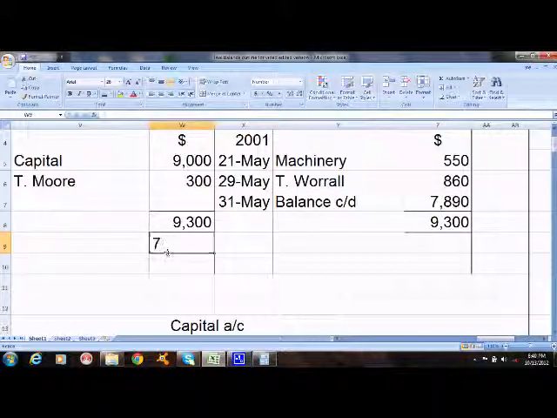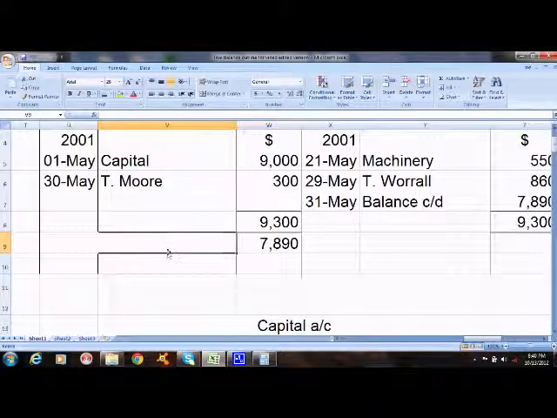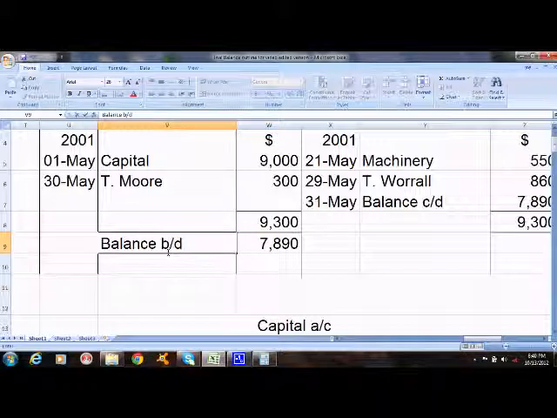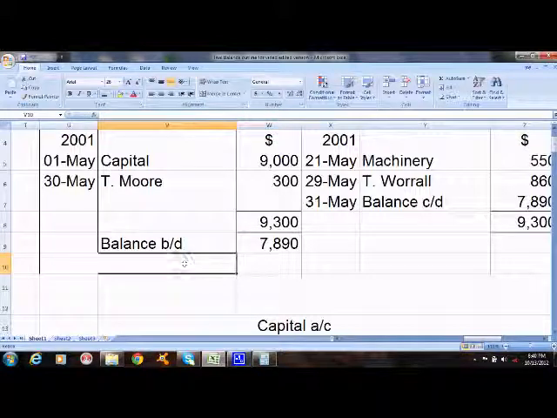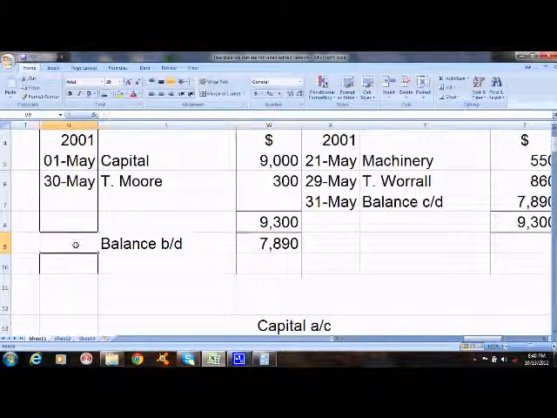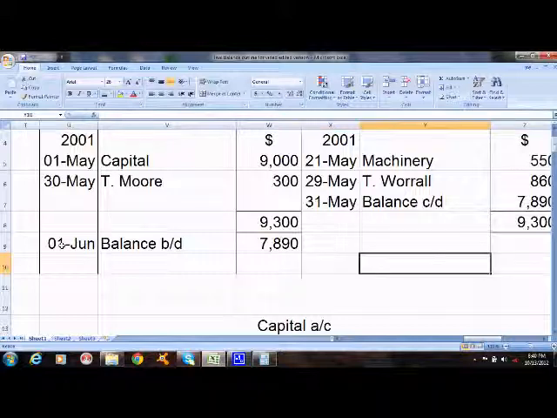So we carry it over here, 7,890. This we call balance BD, or in other words, balance brought down. So BD means brought down. However, instead of writing the last date of the month, you write the first date of the new month. What would that be? June, so we have June 1. That's how this one is done, my friends.